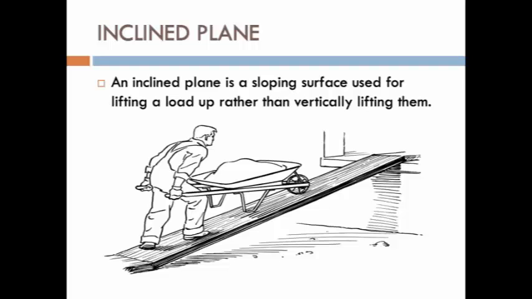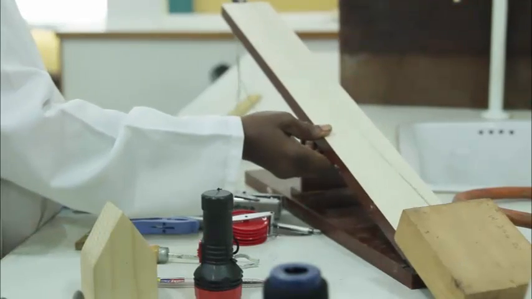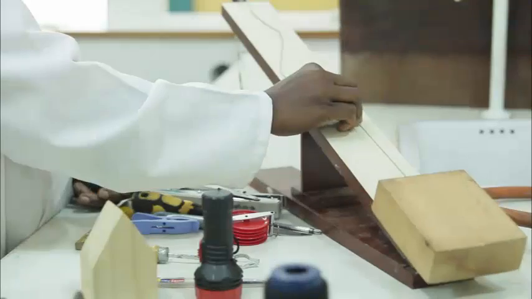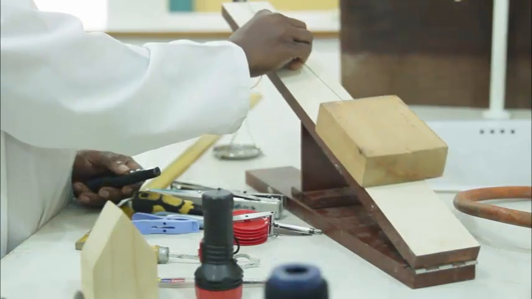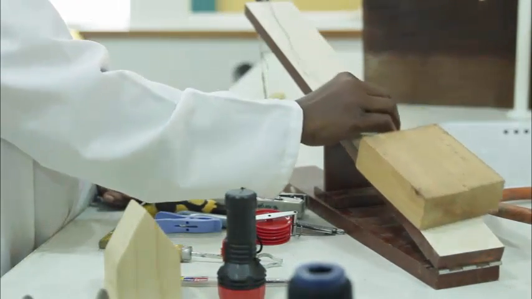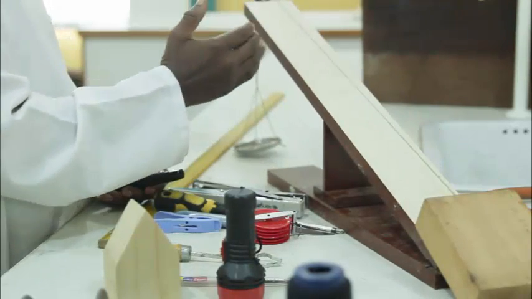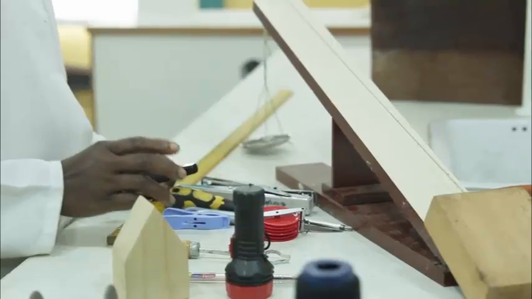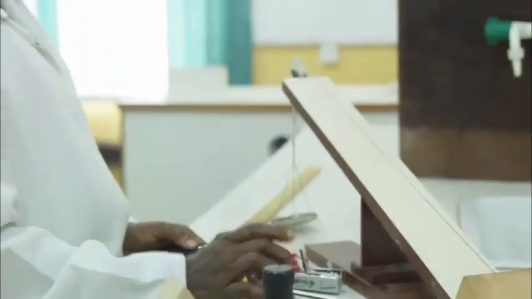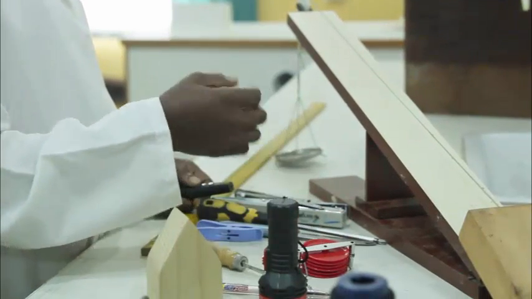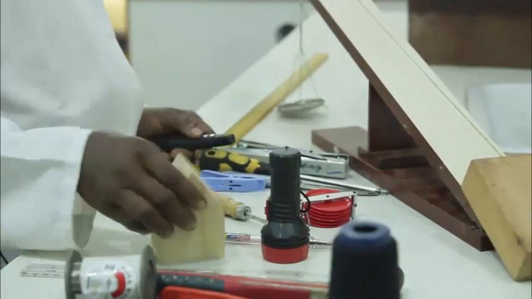Mostly inclined planes are used to lift up a heavy load in a vertical form. And then we have the pulley. This is an example of a pulley. And we have the screw, we have the wedge.